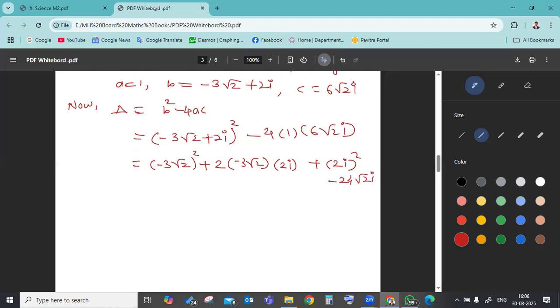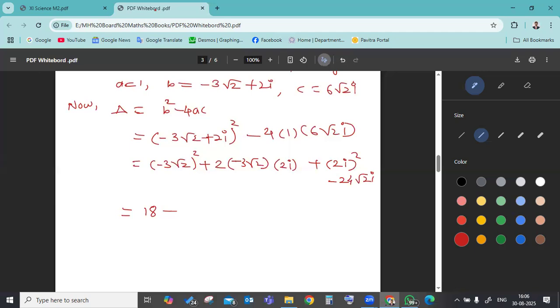This will be then minus 3 square 9, and this root 2 square 2, 9 twos are 18. This minus will turn the sign plus into minus.